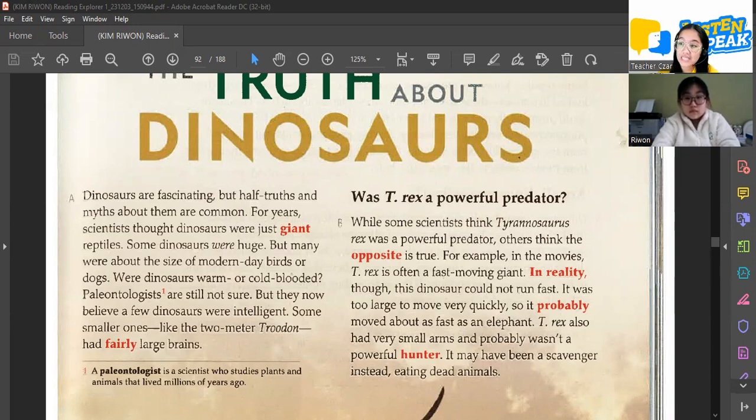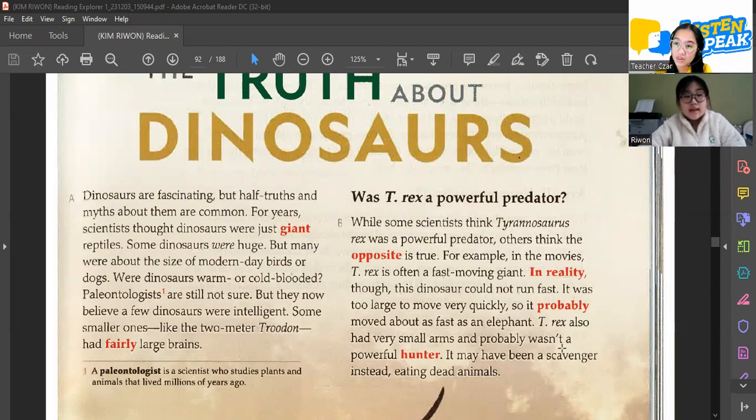So do you know the word scavenger? I think I just heard of that. Okay. Scavengers are animals that only eat the remains of other animals. Remains are dead animals that were being eaten by other animals, but they didn't finish it.